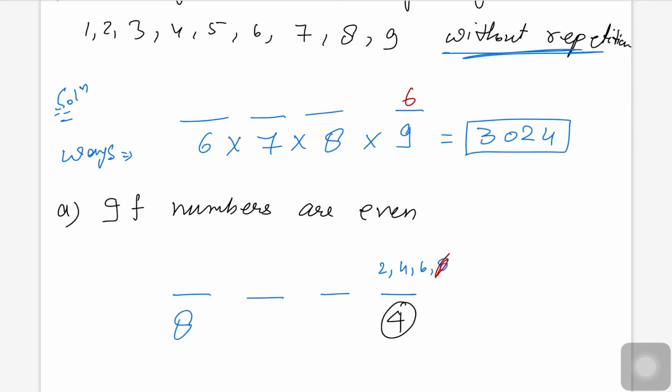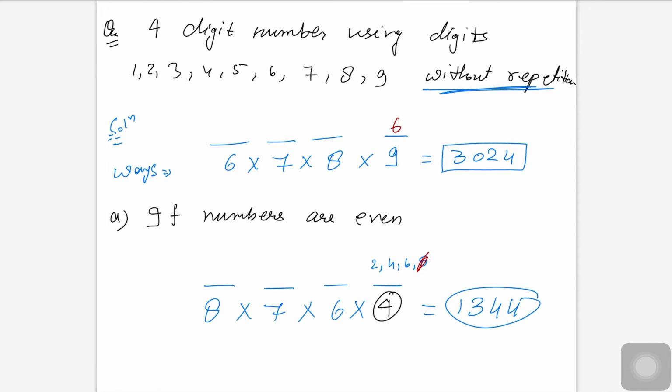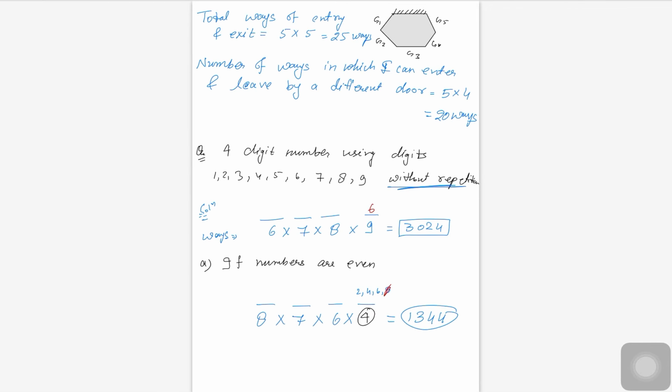Then again, one of the numbers is used at this place, so now there are 7 options for this place and 6 options for this place. So there are total 1344 4-digit even numbers using these digits. So this is the basic concept of permutation and combination. Thank you.